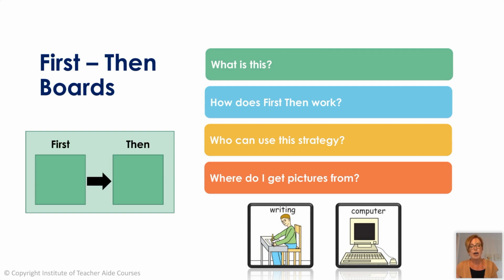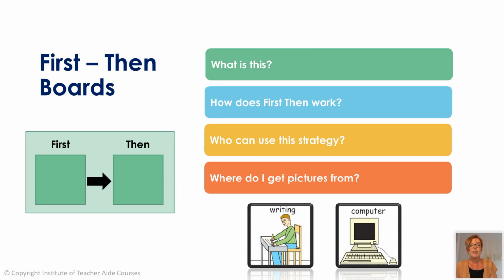And the pictures should have words with them. So you can see an example on the screen. We actually have the word writing and then the word computer there as well. So it actually helps with receptive and expressive language and reading and writing because you've got the words with the pictures.